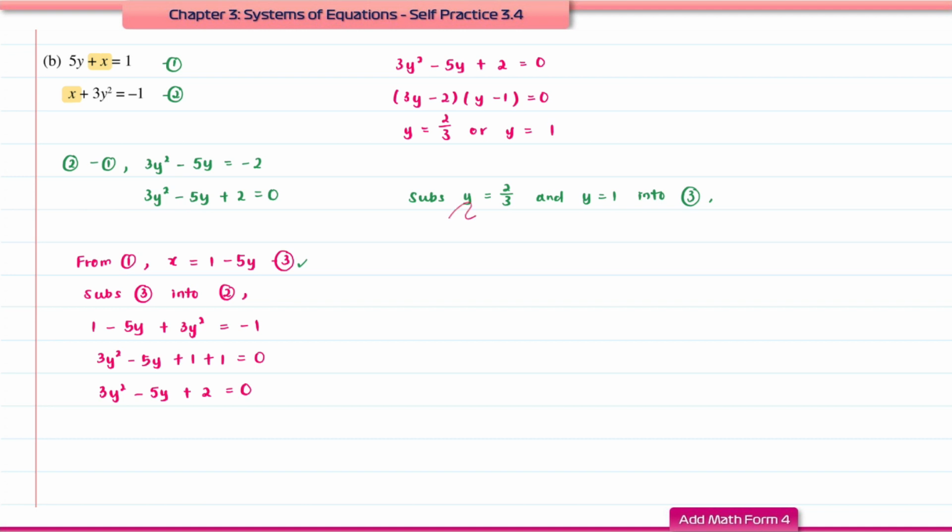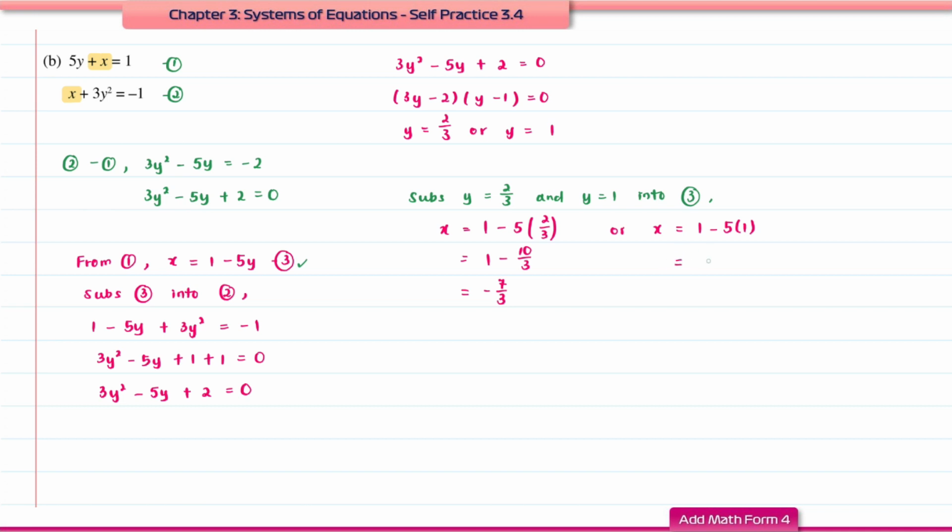So you're going to have x equal to 1 minus 5 times 2 over 3 for the first one. Then this is the second one. Here you're going to have 1 minus 10 over 3, which is equal to negative 7 over 3.